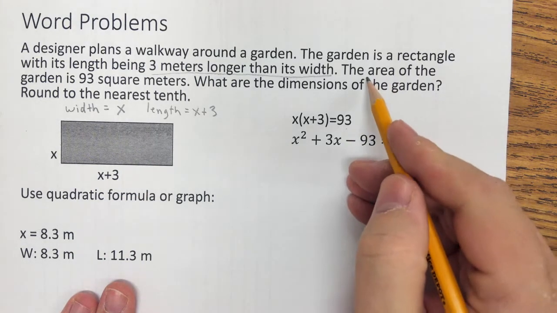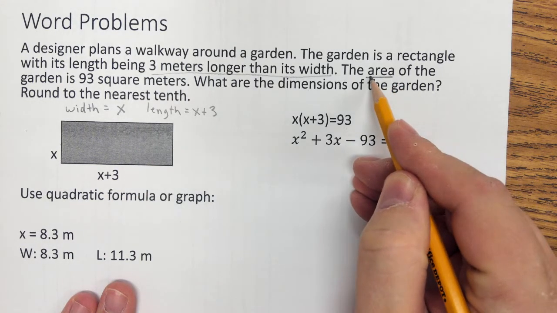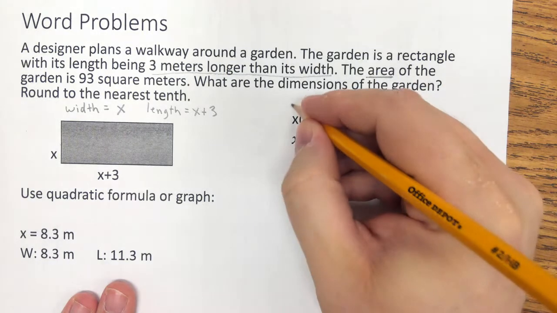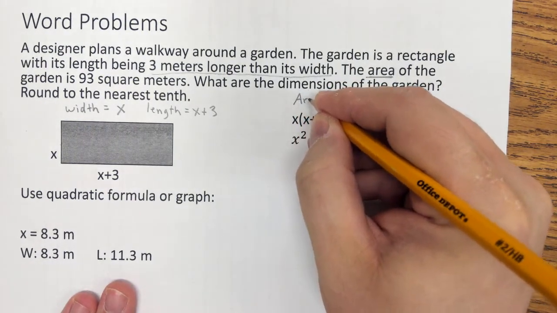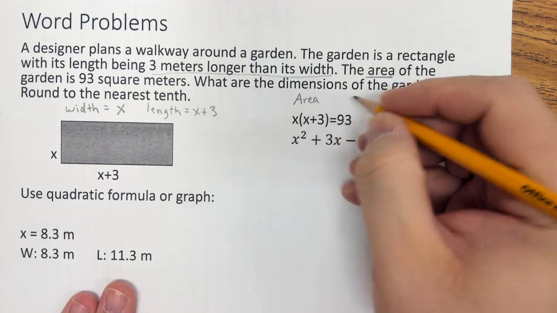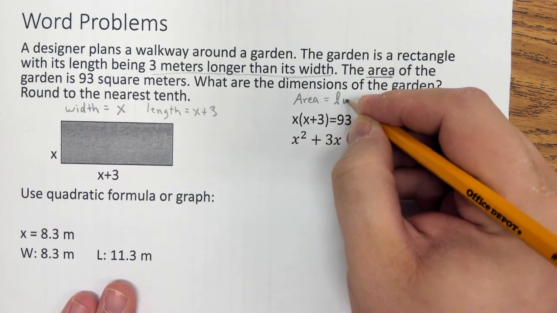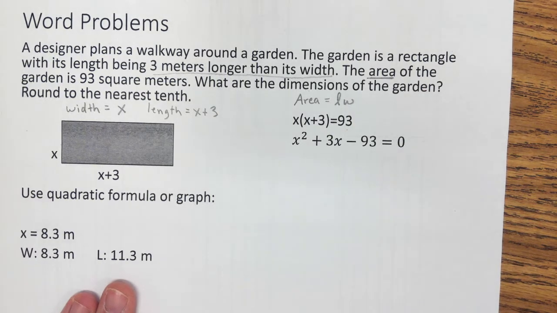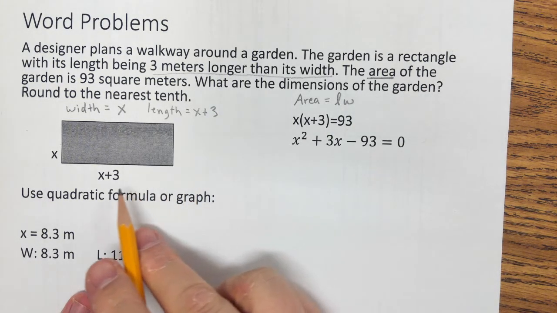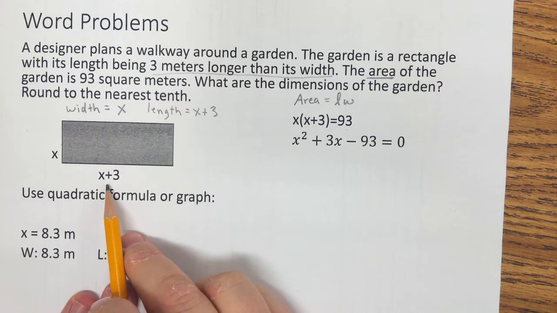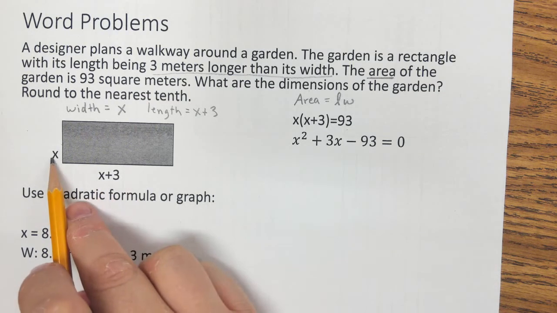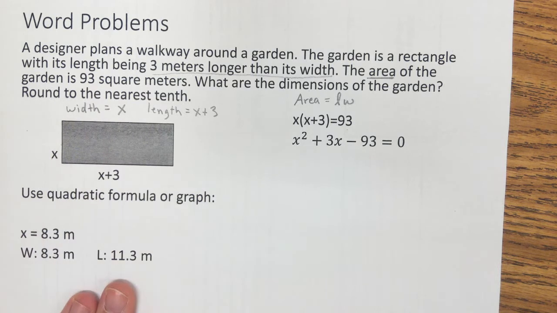They give me the area. So when they give me the area, I know that the area of a rectangle is equal to length times width, which means that the length, x plus 3, times x is going to be 93 square meters.